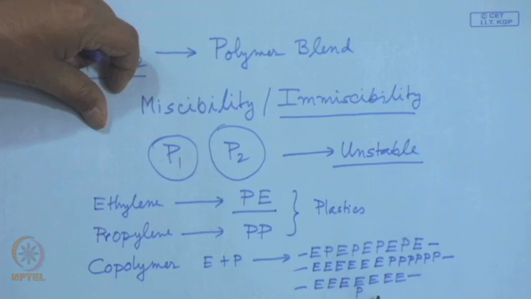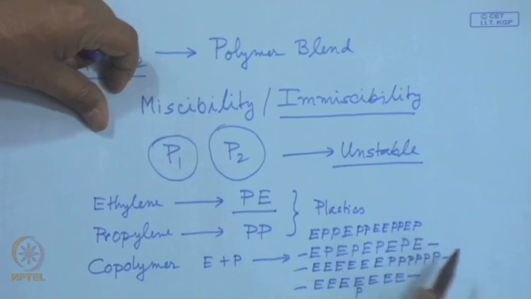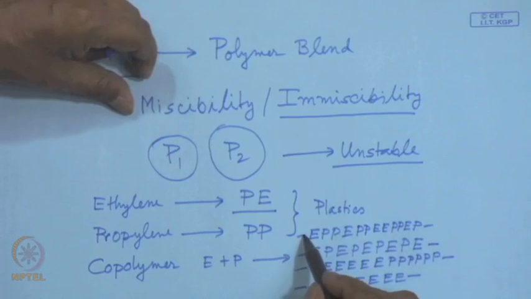This is graft copolymer. Similarly, we can have random copolymer: ethylene, propylene, propylene, ethylene. It is random. These ethylene units or propylene units are randomly placed along the backbone chain of the polymer, random placement. So, random copolymer.